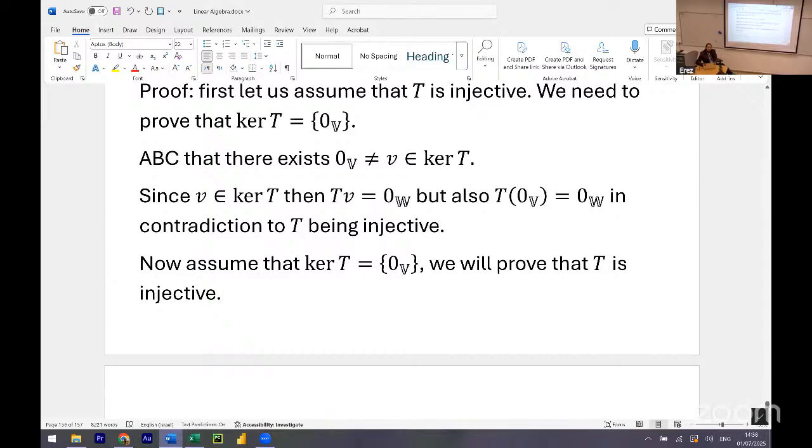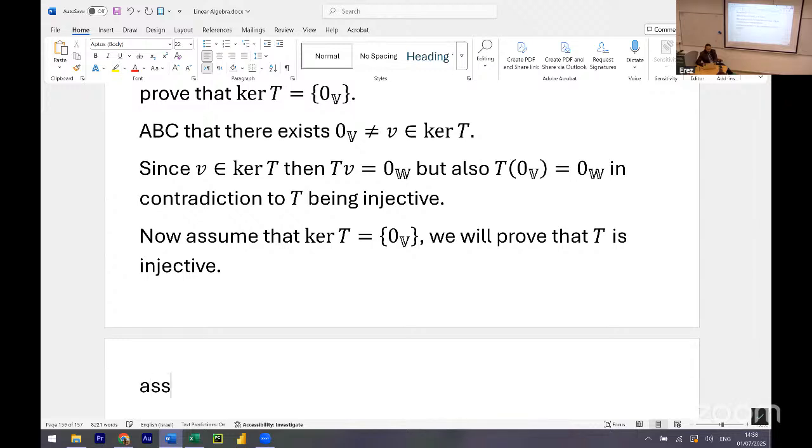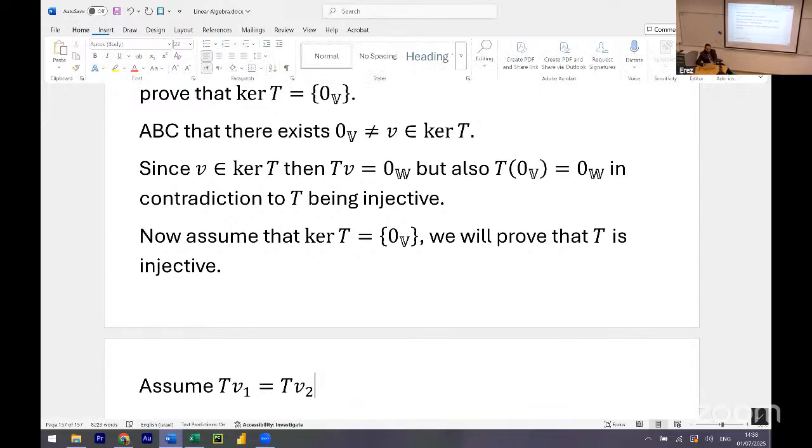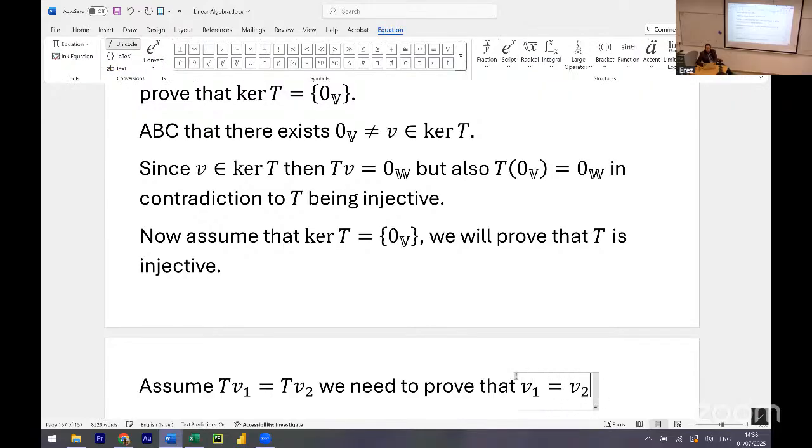So how do I prove that the function is injective? Assume T of v1 equals T of v2. What do we need to prove? That v1 equals v2.